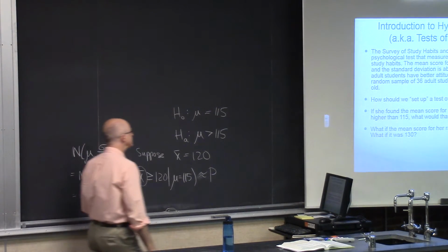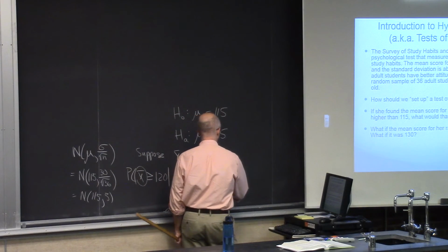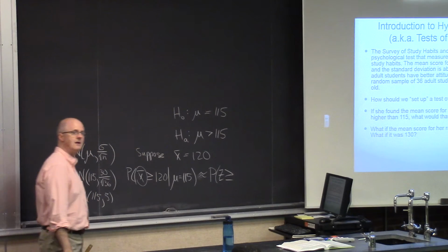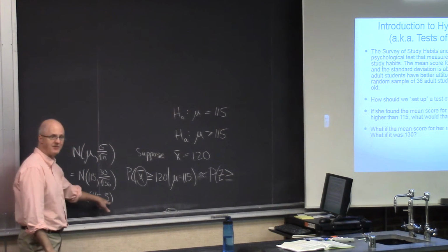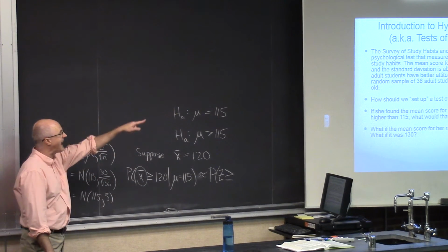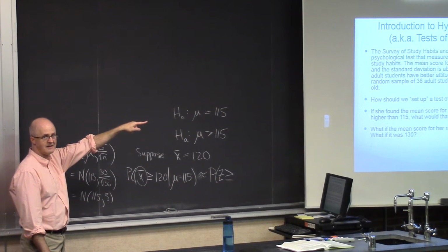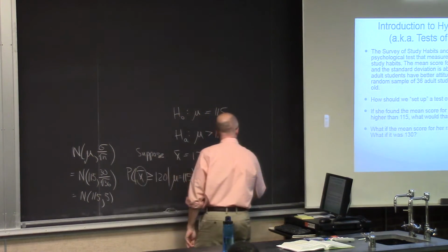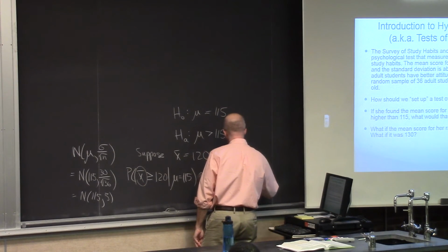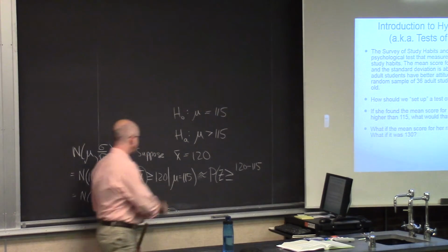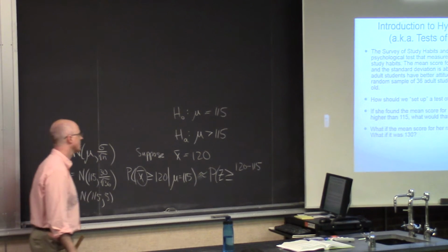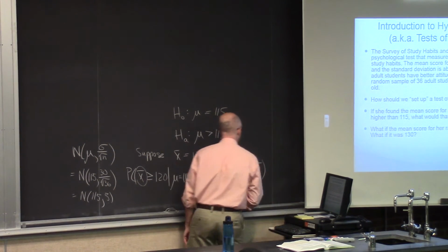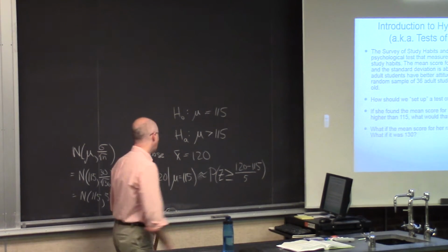So when converting to z now, you need to subtract 115 and divide by 5, not 30. (120 minus 115). I'm converting the 120 here now to the corresponding z-score. 120 minus 115 over 5, which is 5 over 5, which is 1.